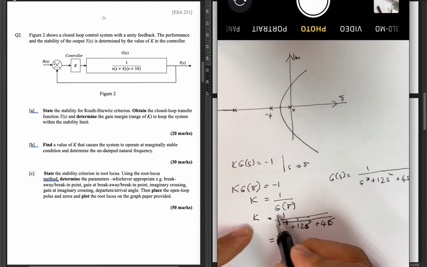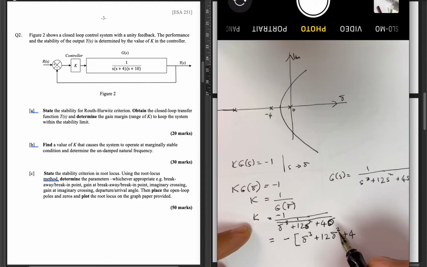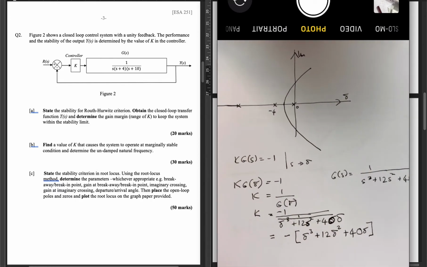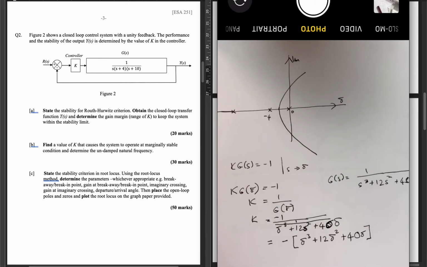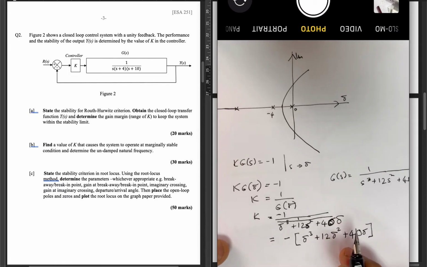So it is minus plus 12 plus 40. 40, 40. Okay, now we have that.